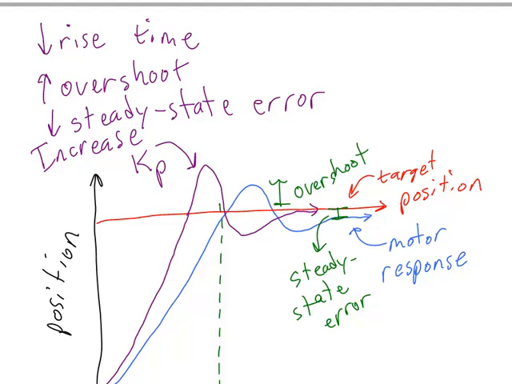Now, you can decide whether this value of Kp is appropriate for your system or not based upon what your requirements are for the speed of the system, for the overshoot, and for the steady state error. For example, in a robotic manipulator, you might have a limited amount of acceptable steady state error.